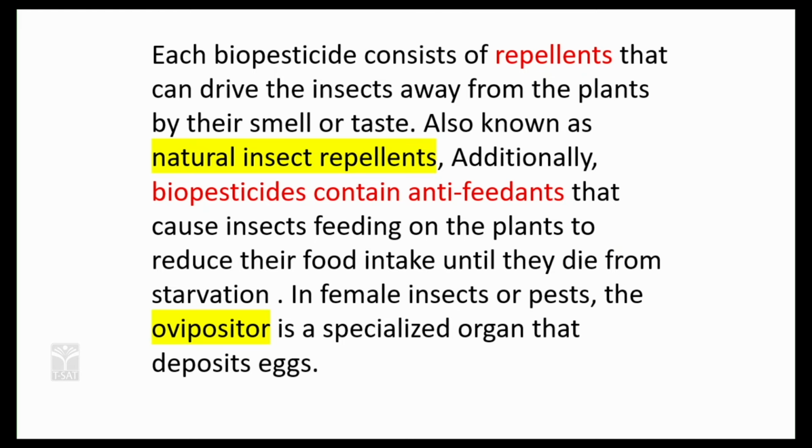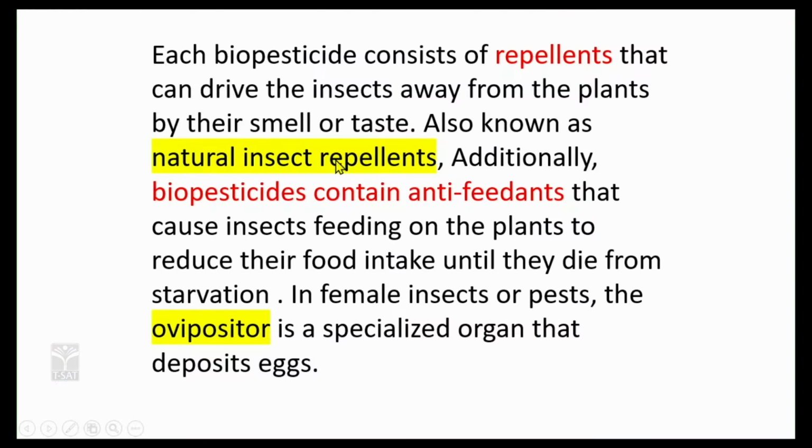In female insects or pests, the ovipositor is a specialized organ that deposits eggs. So, the ovipositor is an organ in the reproductive system of the insect which is responsible for laying eggs. With this kind of infection caused by the biopesticides, the insects will not be able to lay eggs.